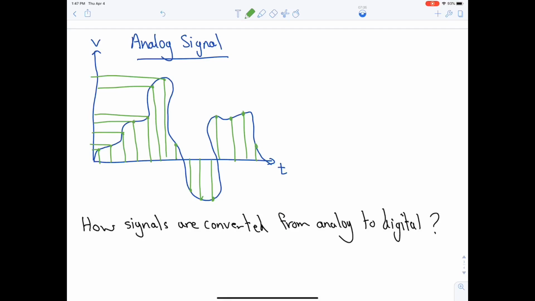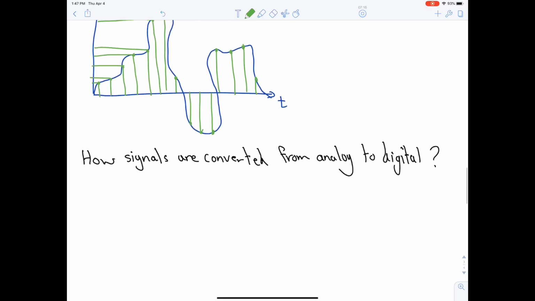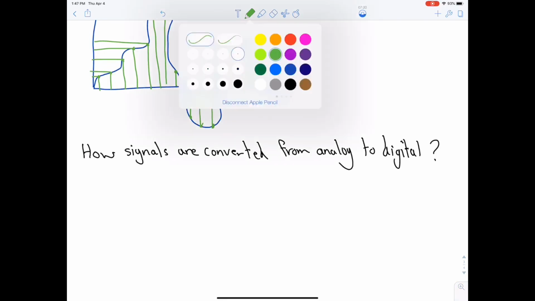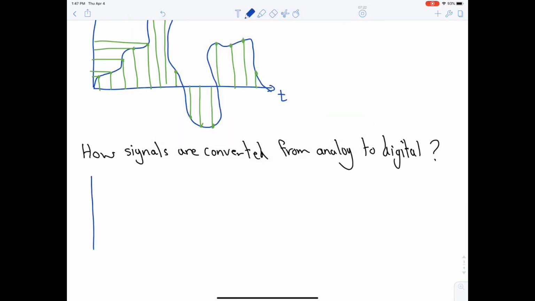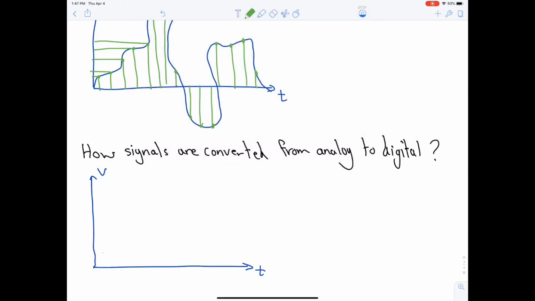Now the signal is no longer continuous because we picked certain sample points. It's now called a discrete time signal. So the discrete time signal looks like this: time, voltage, and at those time instants that we chose, we will draw their values.